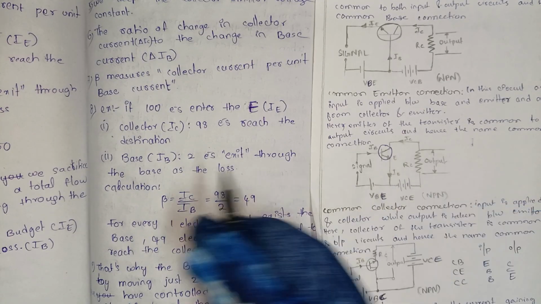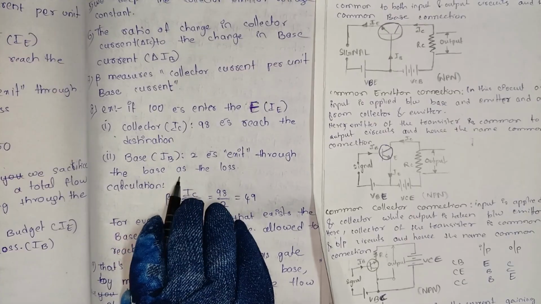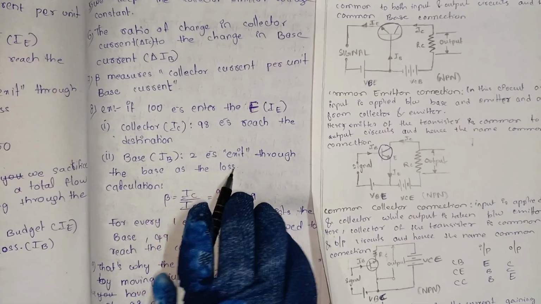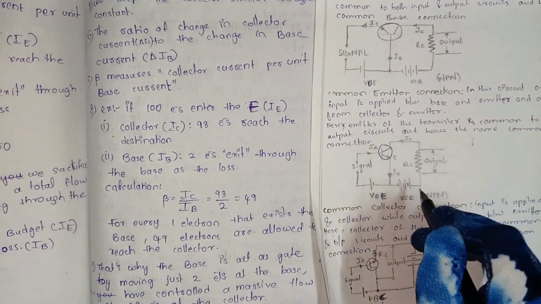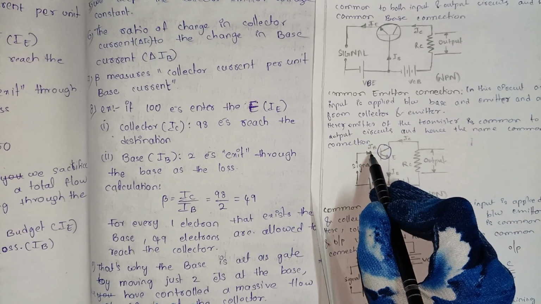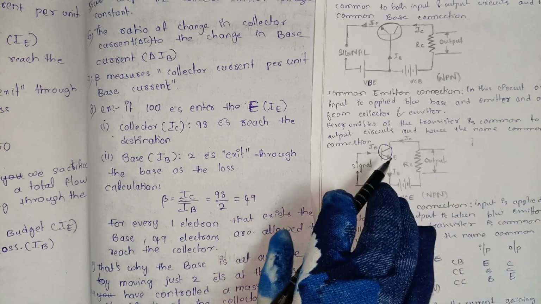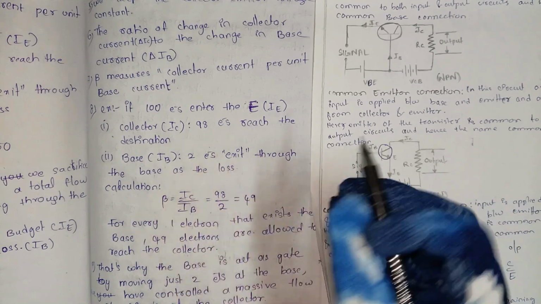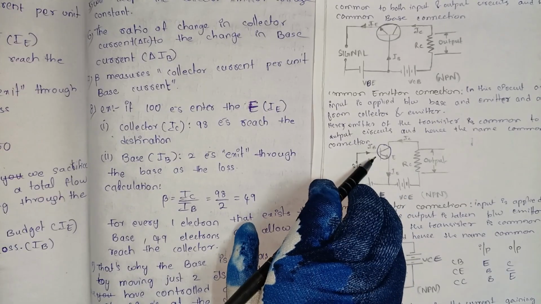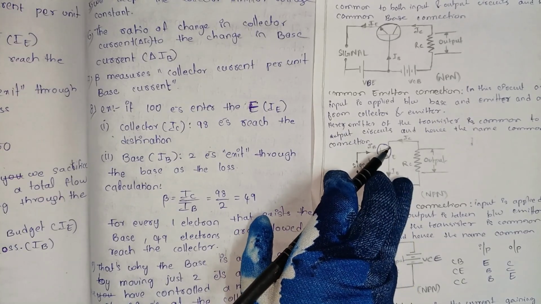And at the base, 2 electrons exit through the base as the loss. Those 2 electrons come from the emitter, and 98 are passed to the collector.